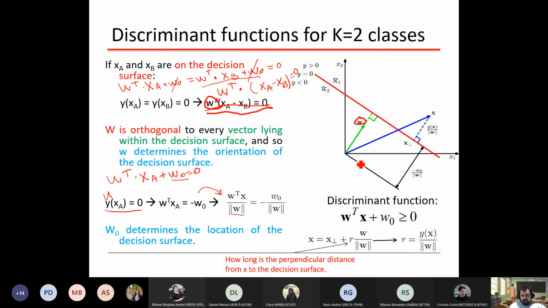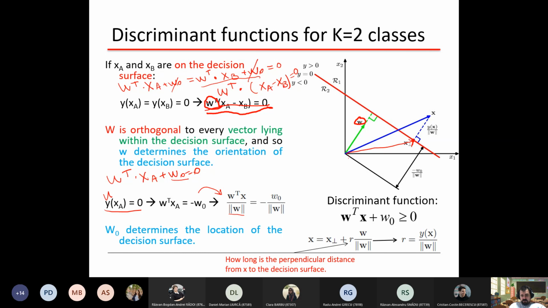In this figure, if we draw the line from the origin to this point, x perpendicular, then to evaluate a new point x, all we have to do is to say, okay, the value of x equals the vector that I draw, so from origin to this perpendicular, plus the cost of the perpendicular drawn from x to the decision surface. And now, if we consider this equation, it comes from physics, okay?